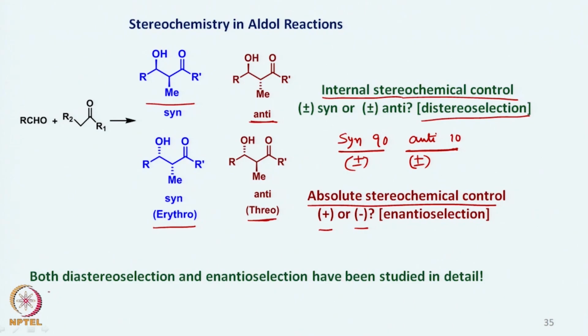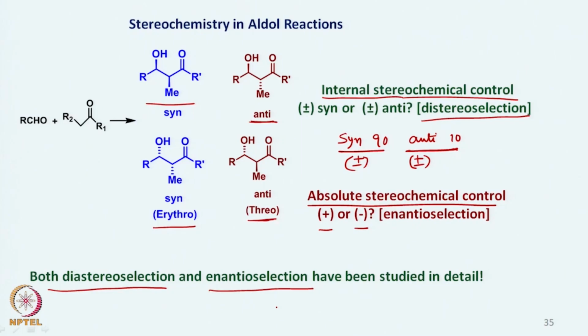So we need both diastereoselection as well as enantioselection, so that we can get only one product out of these 4 possibilities as the major product. Such a reaction will be highly useful and it will be an enantioselective reaction in terms of aldol chemistry.